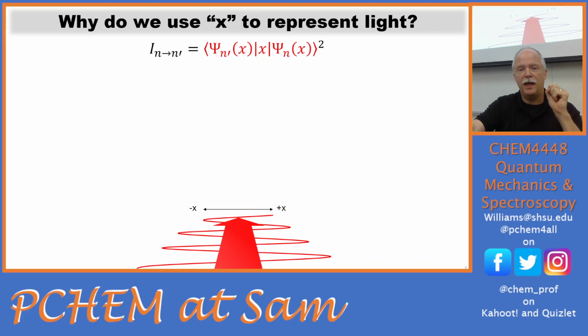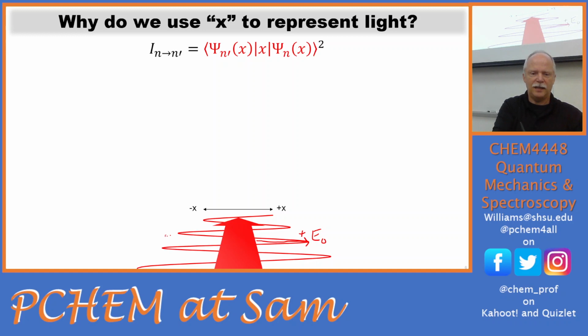So why do we use x to represent light? Well, we have a one-dimensional box. The one dimension is the x-axis. And light has an oscillating electric field. And so this electric field vector going in this direction, you can think of it as the magnitude of that electric field. And over here, it's positive, right?